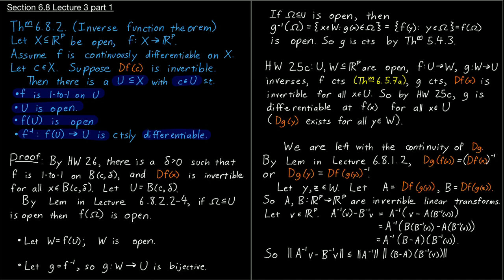The norm of A inverse is a constant such that A inverse of some expression, okay, it's a huge mess, but it's nonetheless a vector, is at most the norm of A inverse times the norm of that vector. And then we just do this two more times. We get the norm of B minus A. That is a linear function, so it has a norm. And then we get the norm of B inverse. And then we get the norm of V.